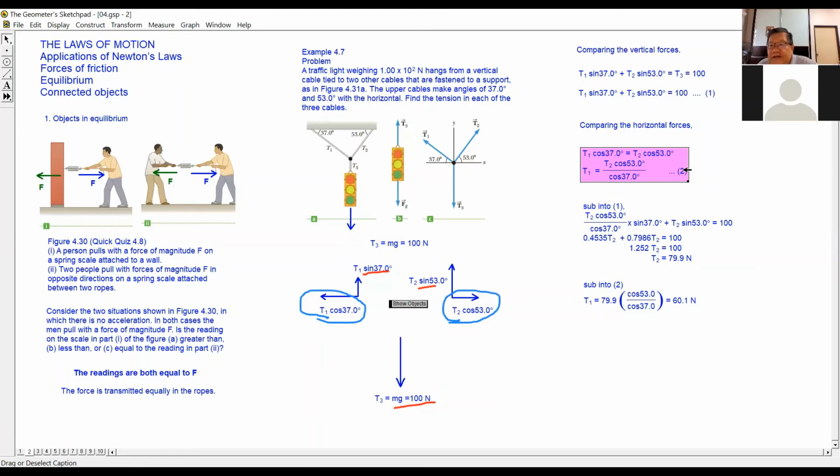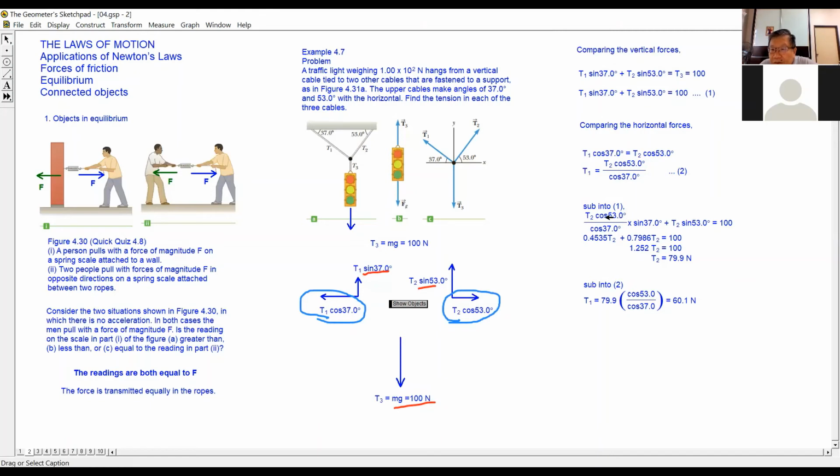I keep this and call it equation number 2. I have to solve the two equations simultaneously to find T1 and T2. How to solve them? I use equation number 2 and substitute into equation number 1.